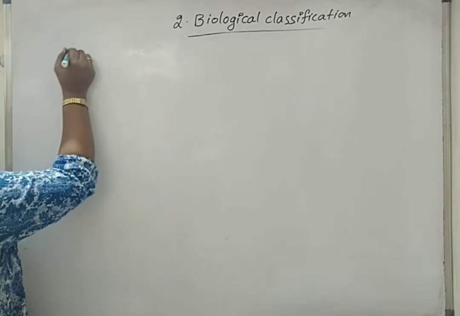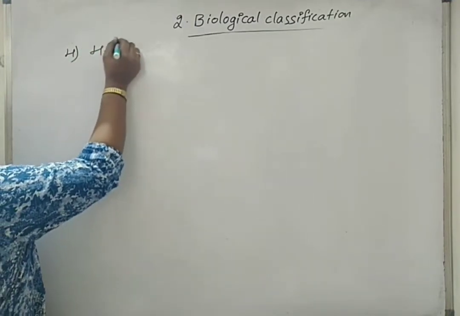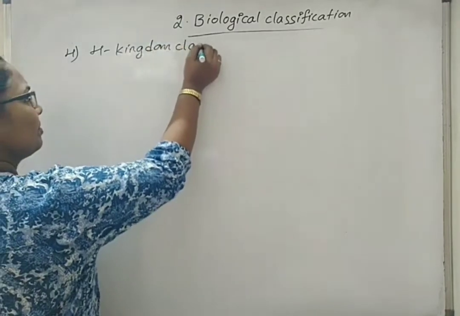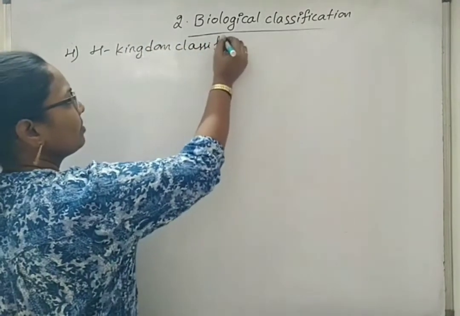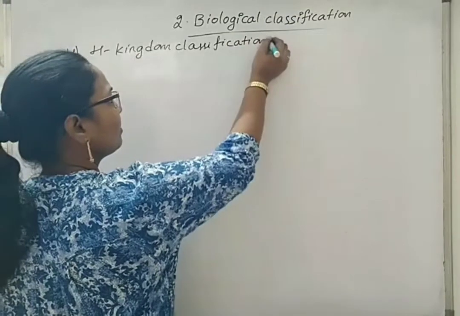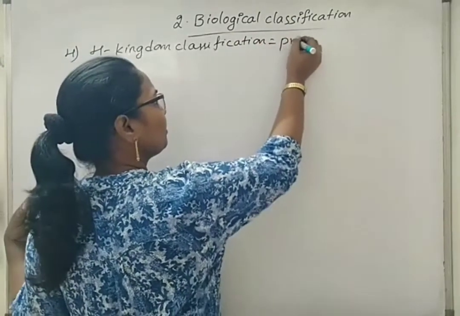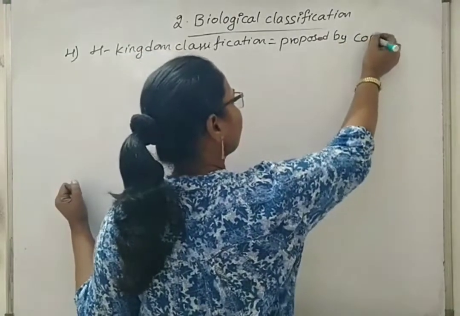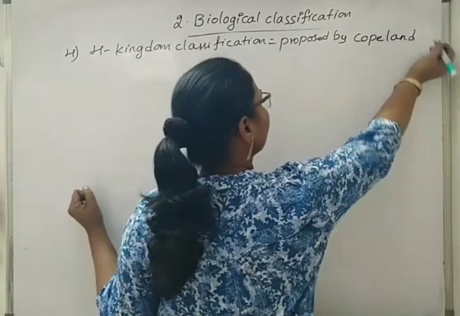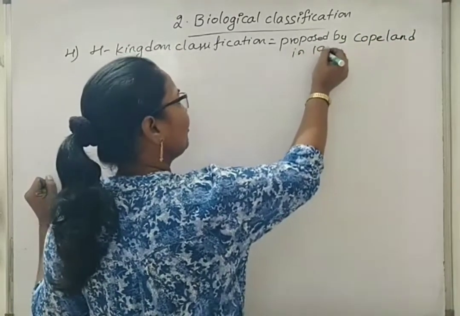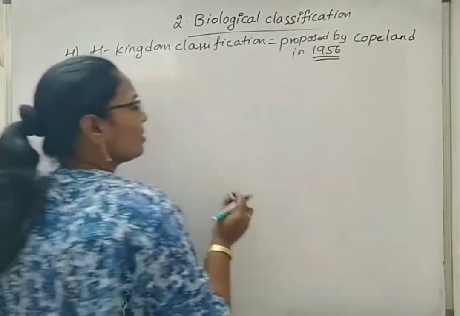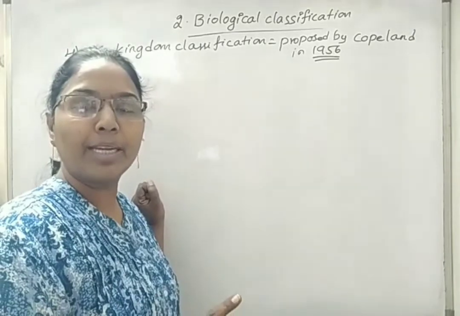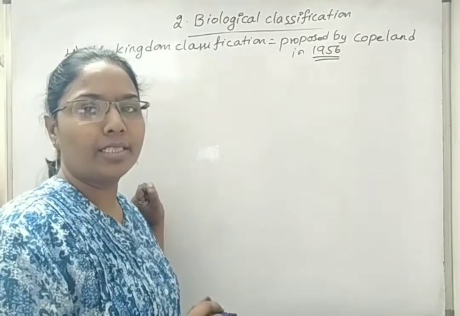Next one is four kingdom classification. This is proposed by Copeland in 1956. Two kingdom classification 1758. Three kingdom classification 1866.